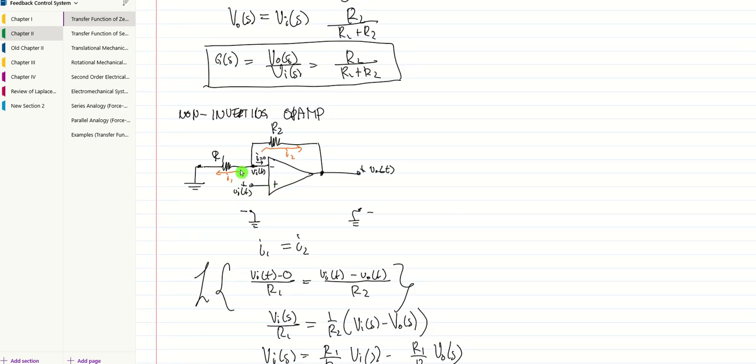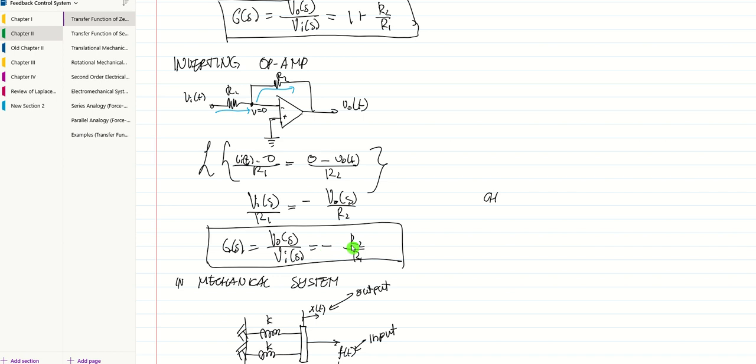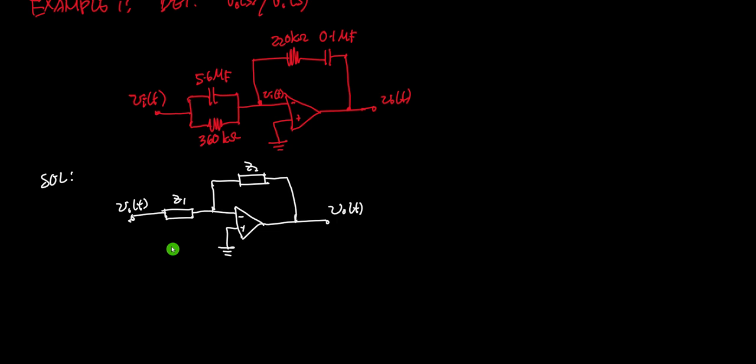This is inverting, this is what we want. This is negative R2 over R1. So in our case, this is also equal to negative Z2 over Z1. And we just need to determine what is Z2 and what is Z1.